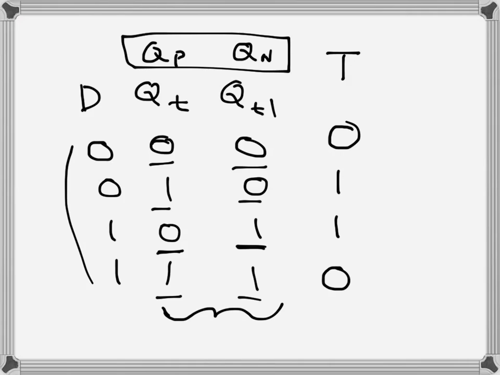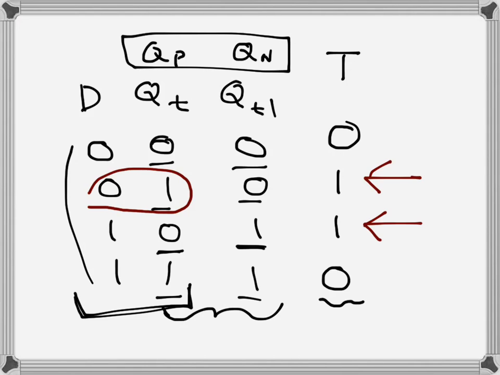Now we will write the expression of T looking at these two columns, and here maybe I will use a different color. When we look at the truth table, we write the sum of products, of course, for the ones. There is a 1 here and a 1 here, and the corresponding D and Q combinations are this one and this one. For the first one, T will be D bar times Q(t).